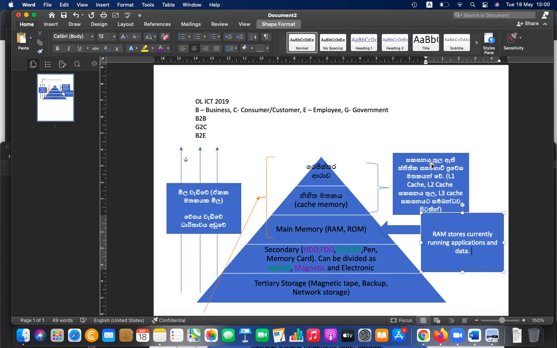And ROM stores firmware and basic drivers installed by the manufacturer.